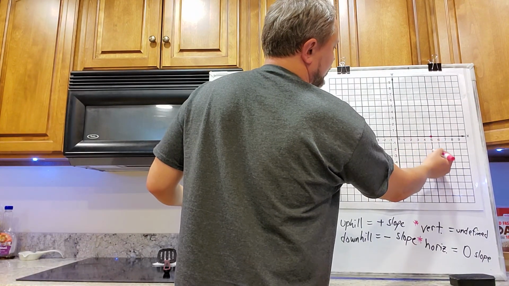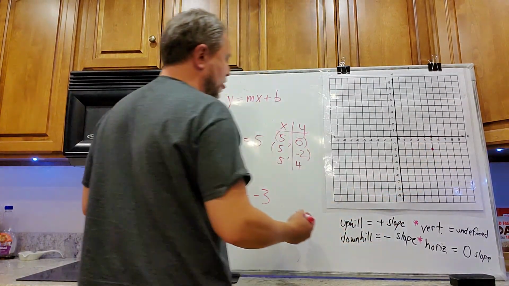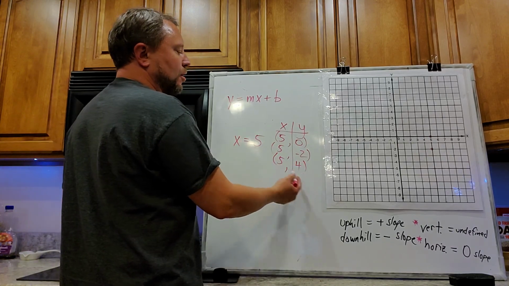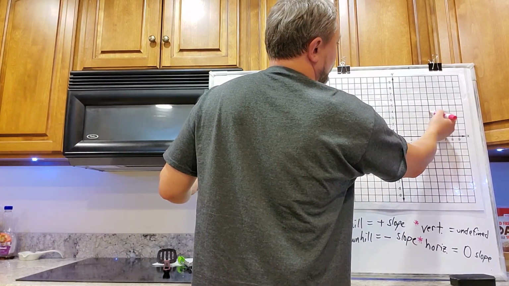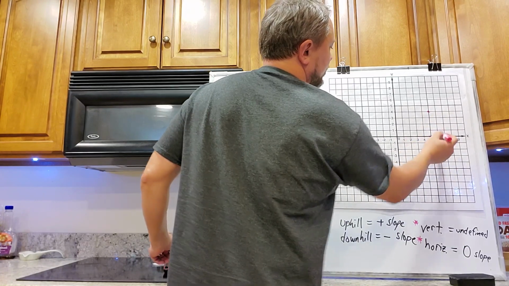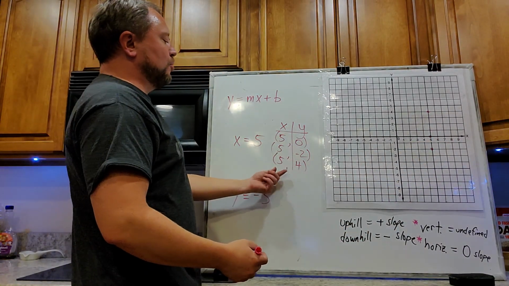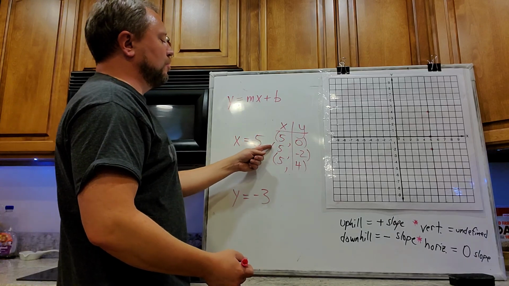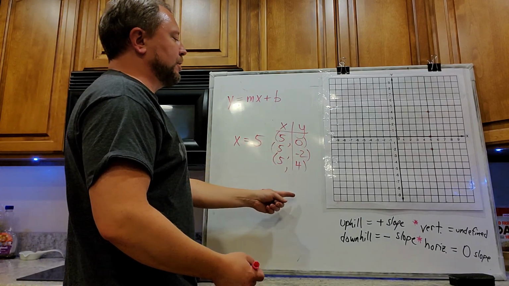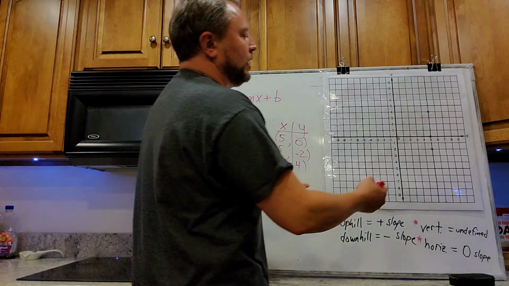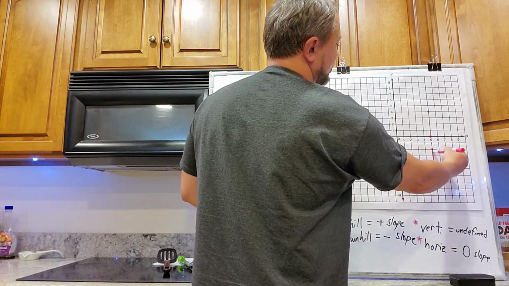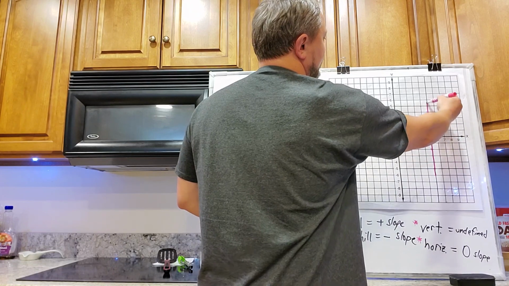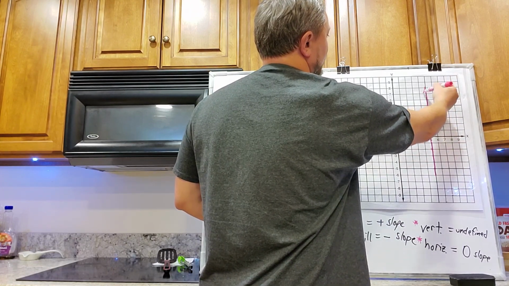Well, 5, -2 is right there. 5, 4 is my next point. 5, 4 would be right there. Okay, do you see that if I kept making more and more points, if I kept putting more and more 5s here and more different y values here, it would just keep making more and more points that run like this, right? That run perfectly vertical.